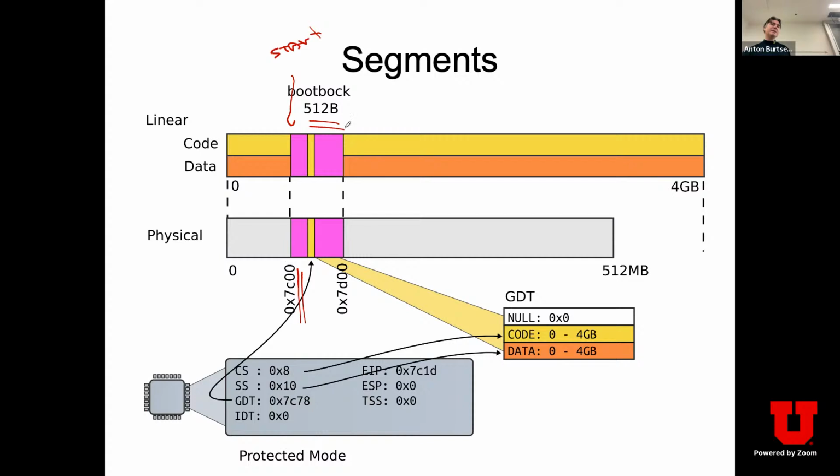So why am I setting the ESP register to point here? Where will my stack be now? My stack will start growing this way. And why am I doing that? I'm just choosing memory for the stack.